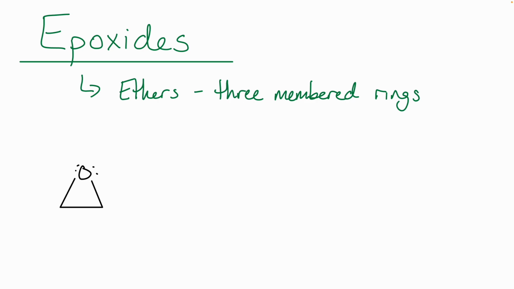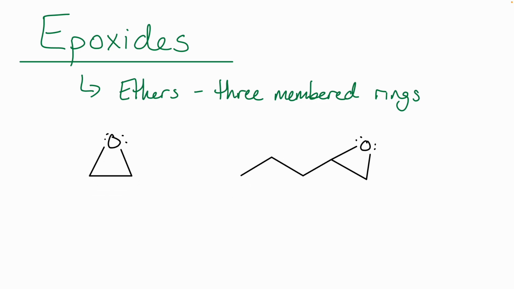But anything that contains that little triangle with the oxygen point is an epoxide. So if it has more than 3 carbons, as long as it has that little triangle with the oxygen point, that is an epoxide. So these are both examples of epoxides here.